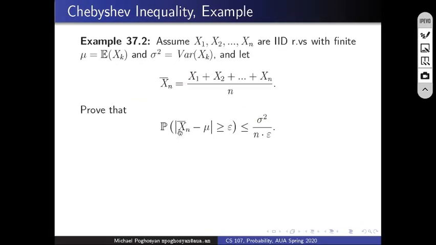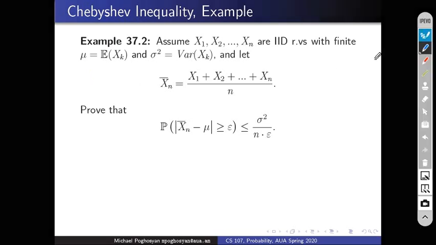Okay, so the next example is the following. X1 to Xn are IID random variables with finite expectation mu and variance sigma squared, and let X̄n be the average of the Xk's, so (X1 plus X2 plus etc. Xn) over n.